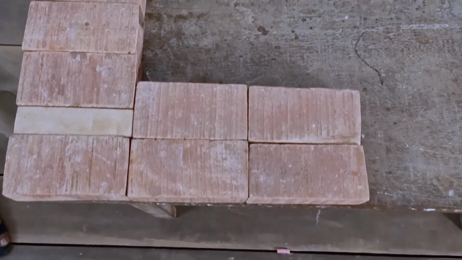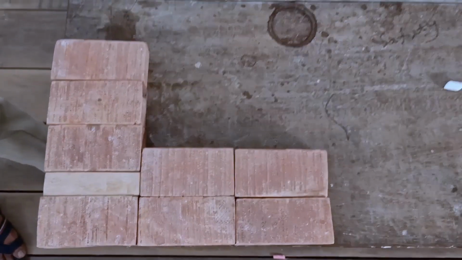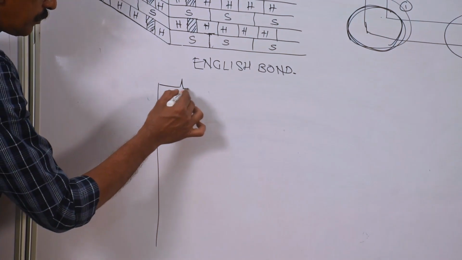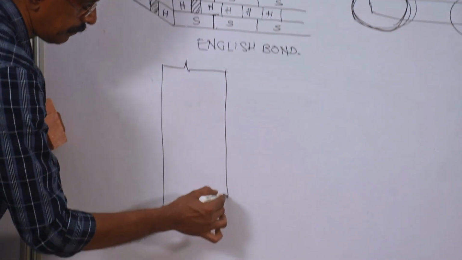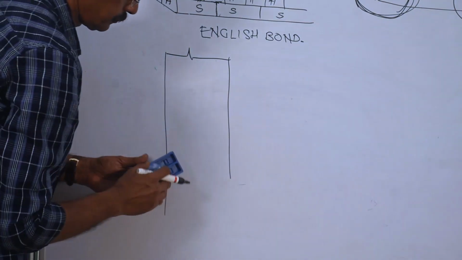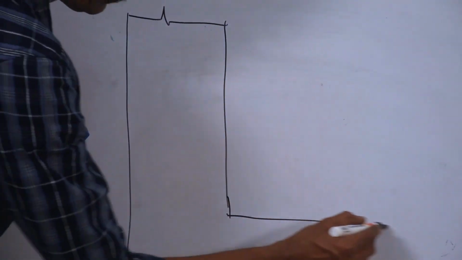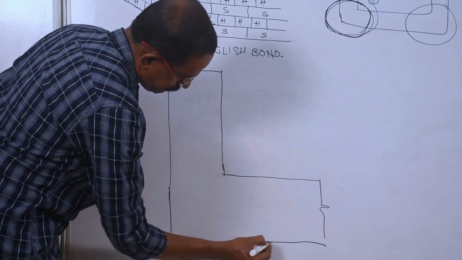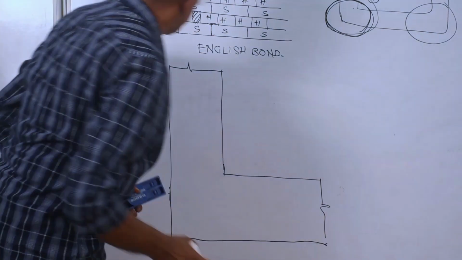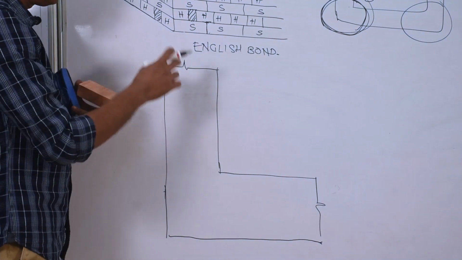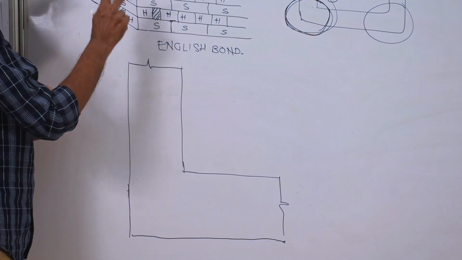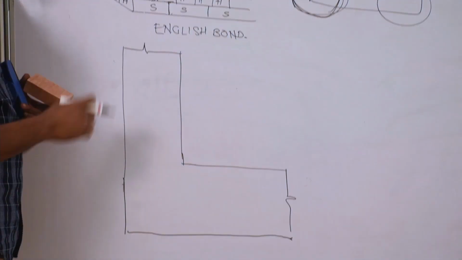Okay. So I will draw an enlarged view of that corner. In the examination you have to draw to scale. What we want is the top view, the arrangement of bricks in the top view for the first layer as well as for the second layer.